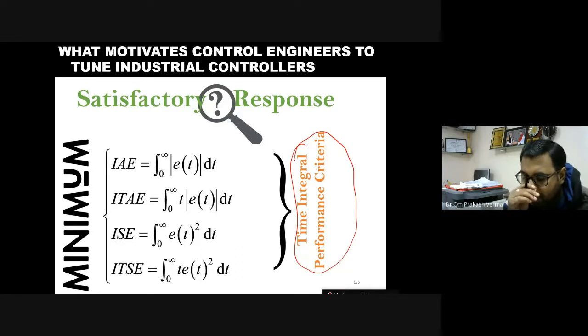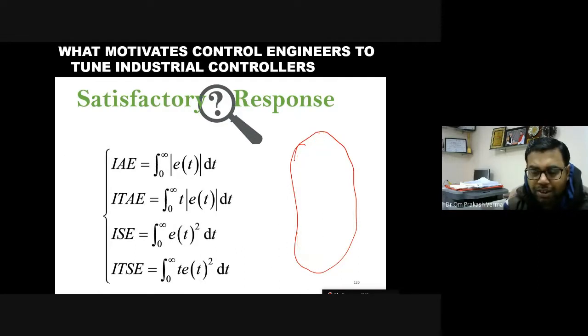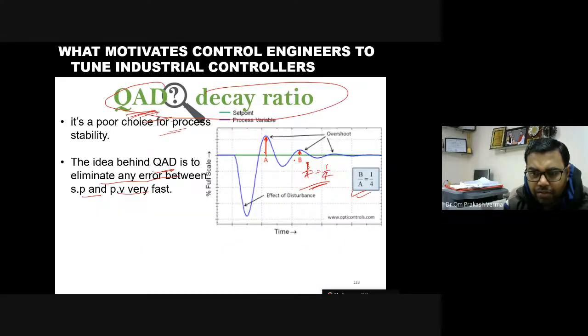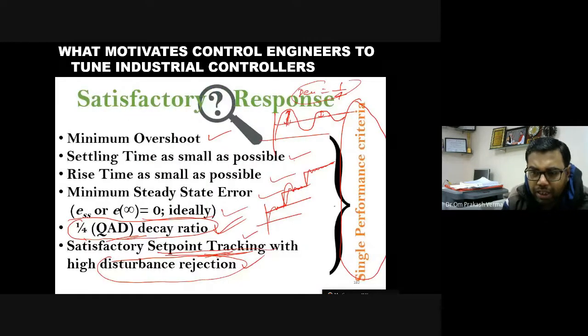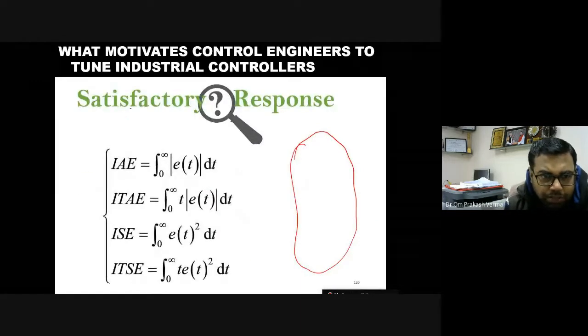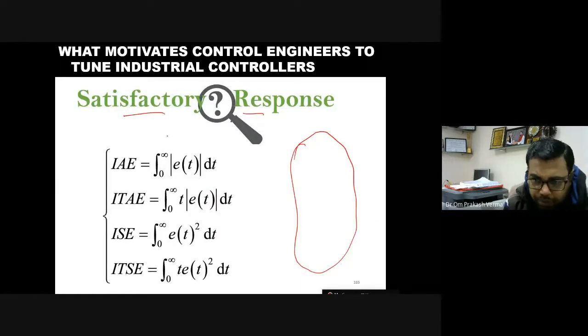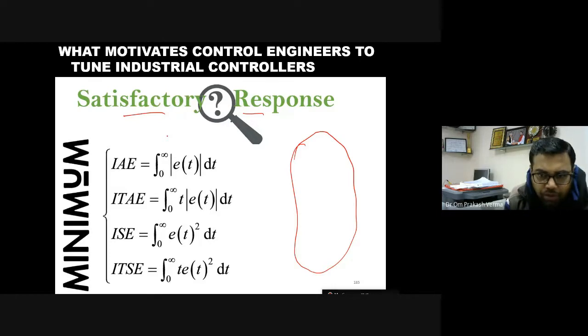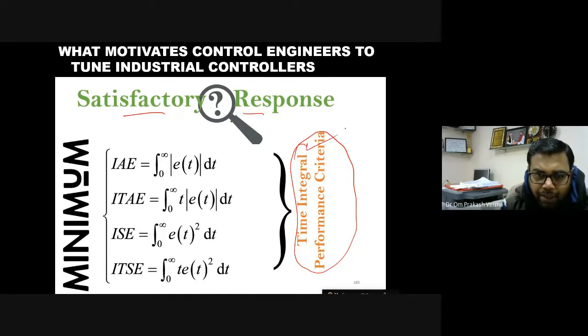First one was the single performance criteria: overshoot, rise time, settling time, steady state error, whatever, right? And in this case, generally you use these even in your machine learning classification techniques, as time integral criteria: integral absolute error, integral time absolute error, integral square error, and integral time square error.